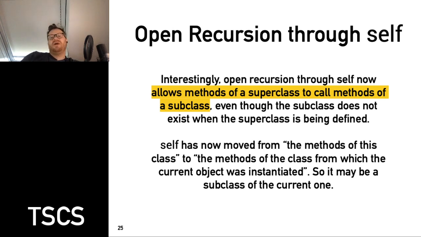Interestingly, now that we have open recursion, we can now call methods of a superclass. This now allows us, when we have methods in a superclass, to call methods of a subclass, even though the subclass did not exist when it is being defined. So in the first implementation, where we had it in the class definition, self was the methods of this class.